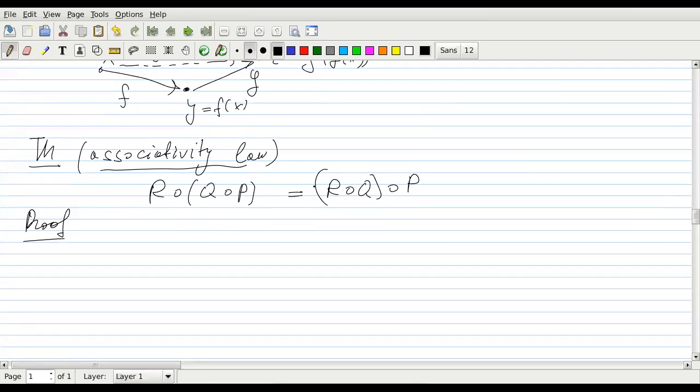And now let's prove it. What does it mean that XW belongs to this set?